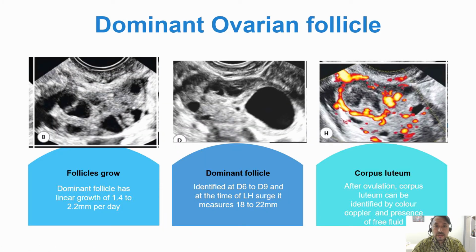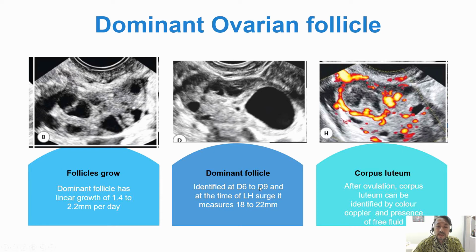Now about the dominant follicle and the follicular growth. The dominant follicle has linear growth of around 1.4 to 2.2 millimeter per day. Usually you start to identify it at day 9. Day 6 is too early. So you want to see your patient at day 9.